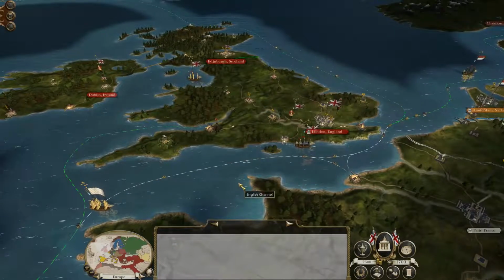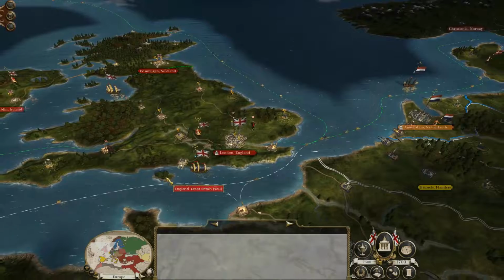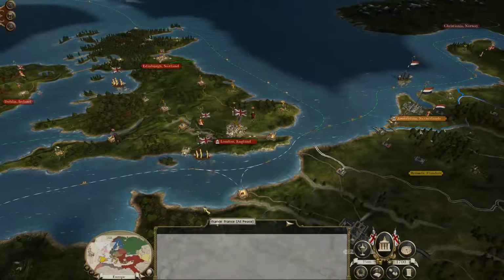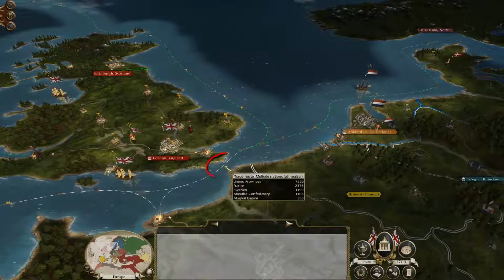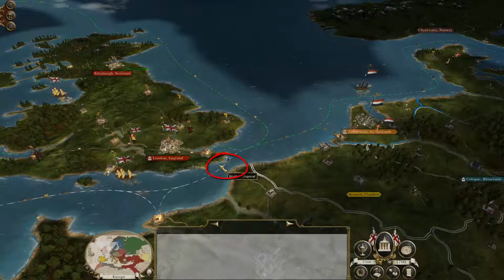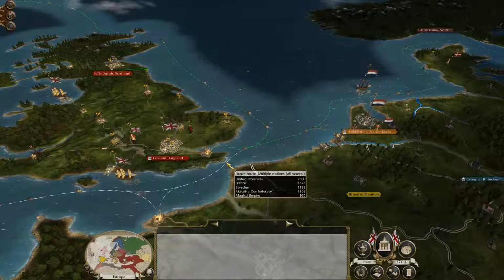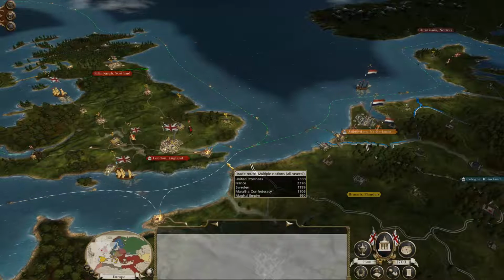Again, that's one point. There's another point potentially between the island here and here. The narrowest points here and here would be ideal, and you could also put your ship on the trade lines here. But we're going to be looking at trade lines in greater detail later in another episode.